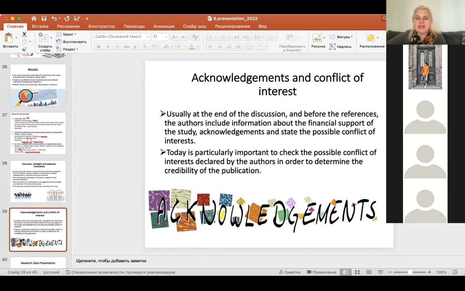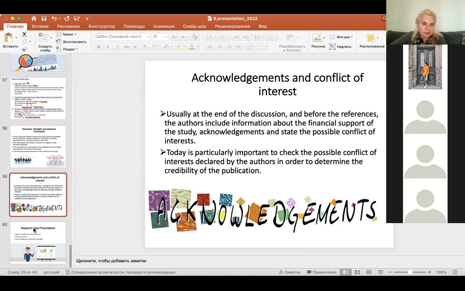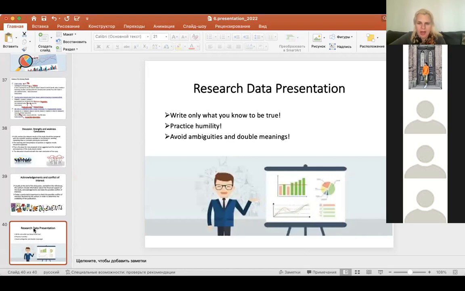Today it is particularly important to check the possible conflict of interest declared by the authors in order to determine the credibility of the publication. And for research data presentation: write only what you know to be true, practice humanity, avoid ambiguities and double meaning.